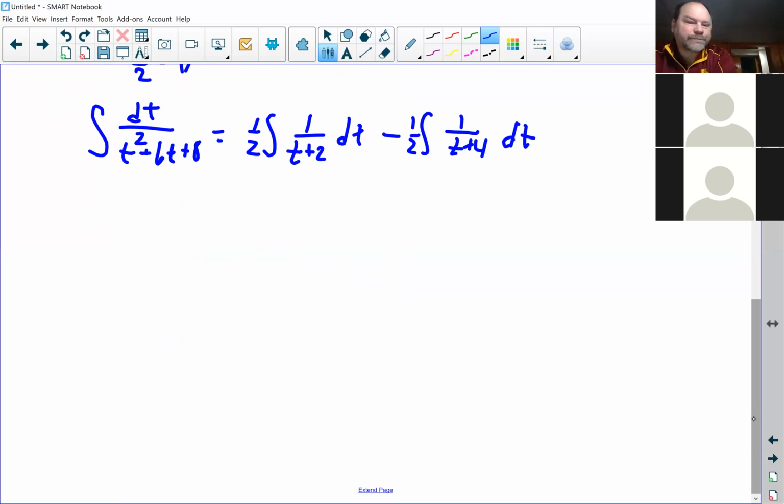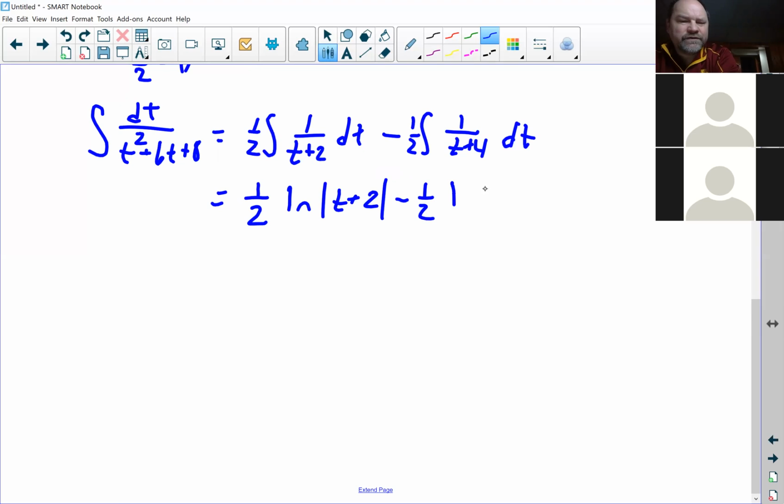So I have 1/2 the integral of 1 over t plus 2, which is the ln of the absolute value of t plus 2, minus 1/2 times the ln absolute value t plus 4.